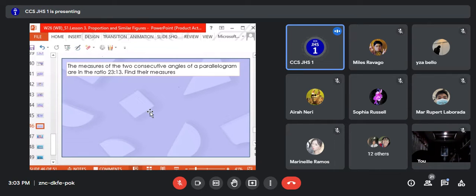Find their measures. So how do you solve this one? How do you solve this in grade 6? How can you give me the answer? Some of you can still remember how to solve this one. This is not new to you.